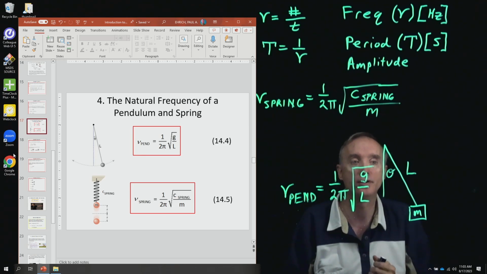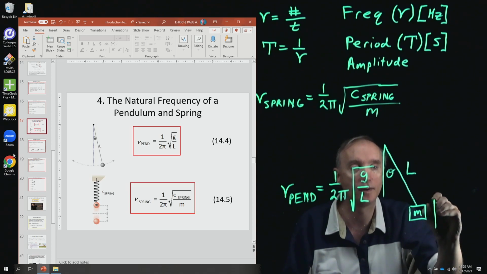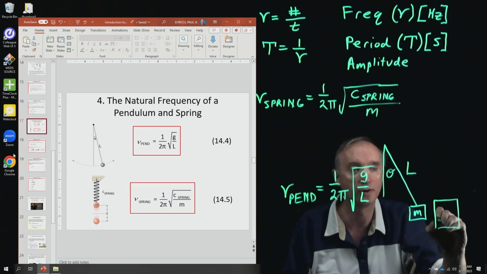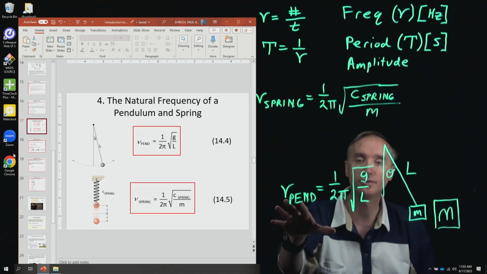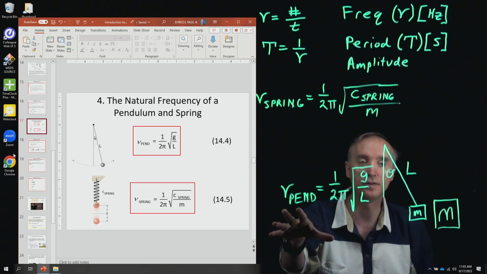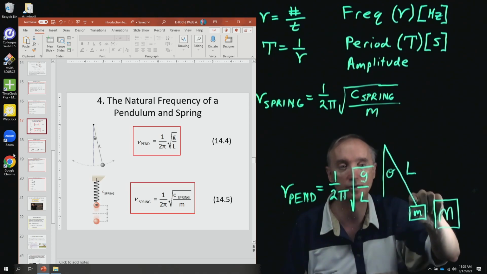Now I'm going to repeat the experiment, but this time I'm going to have a larger mass. What do you think is going to happen? What's going to happen to the frequency of this pendulum if I attach a larger mass to the string?